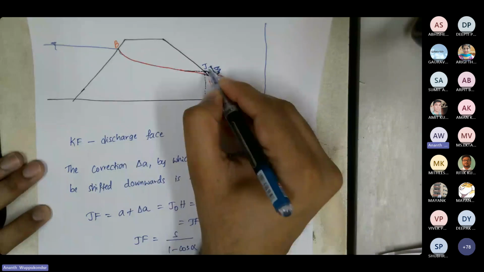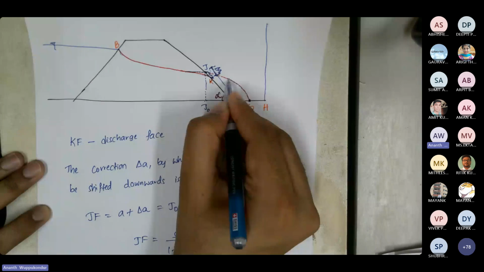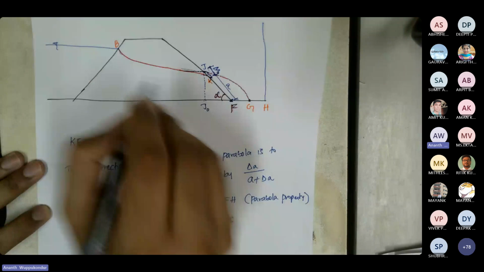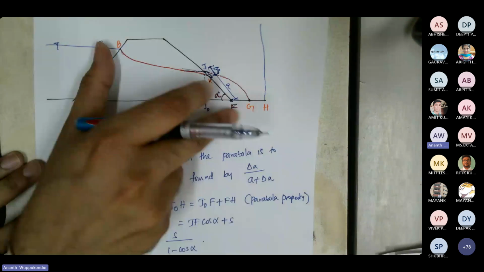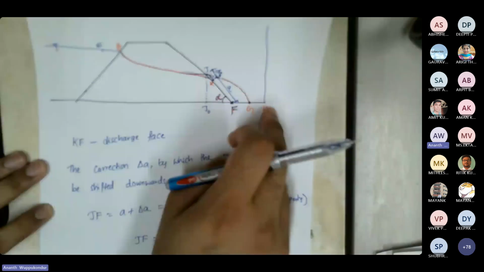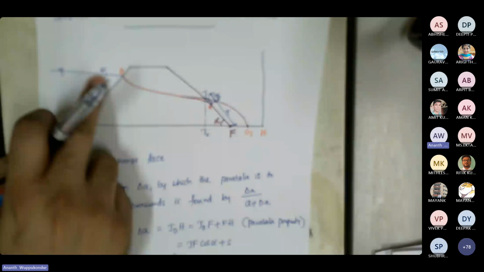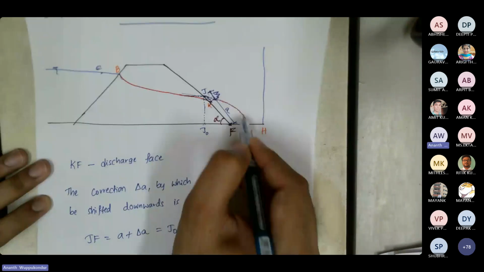Earlier we have seen how to draw a parabola. We assume the focus of the parabola is here, and then you would have a point C. Starting from C to F as a radius, you draw an arc, and then you identify the directrix. Once you identify the directrix and point C, you start constructing the parabola based on the earlier method.